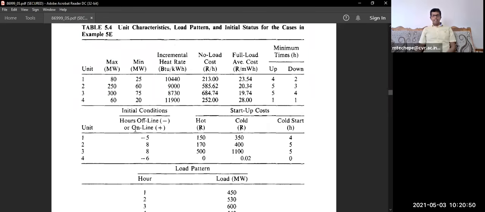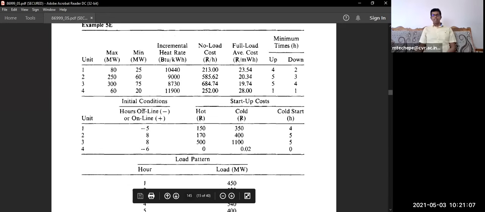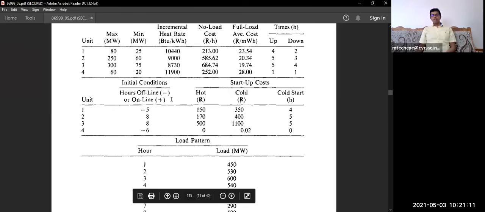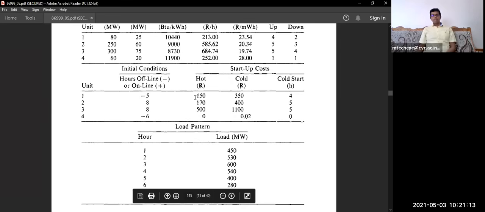Next, initial conditions, hours off: how many hours it has to be off and how many hours it has to be on for a total period of time is also given. Then hot and cold reserves and the cold start are one more constraint, also given.